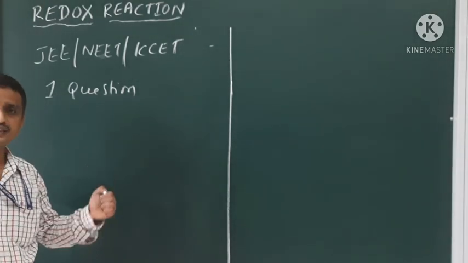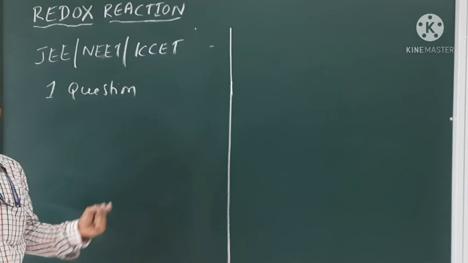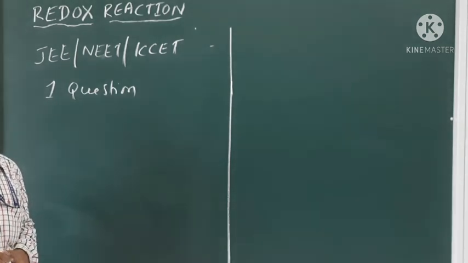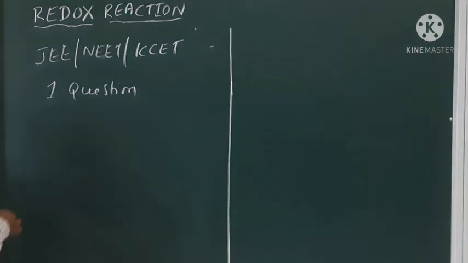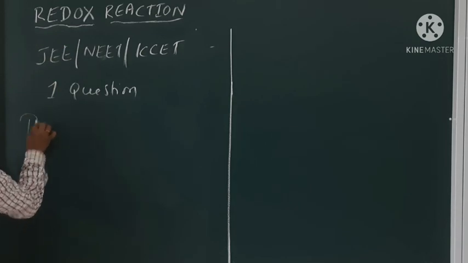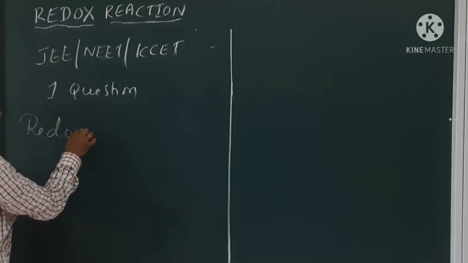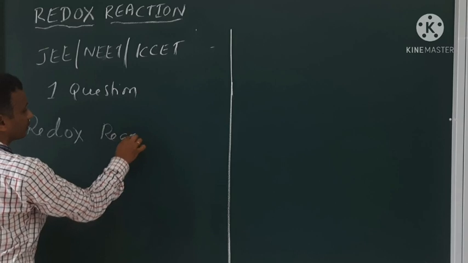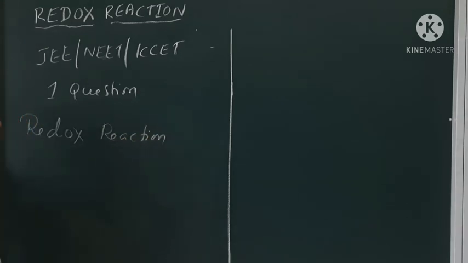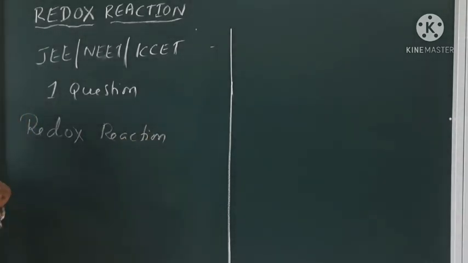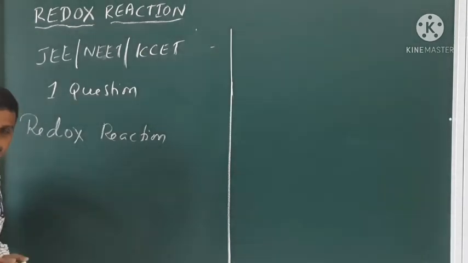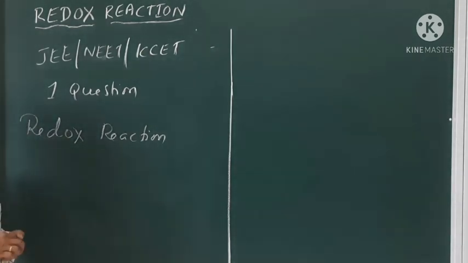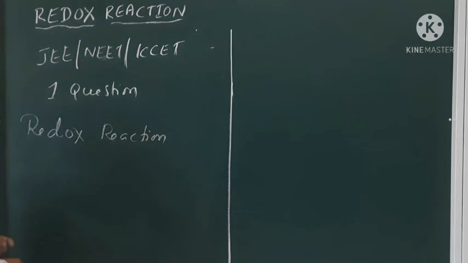Now, when it says redox reaction, what are the things you have to remember from the exam point of view? First one, as the name indicates, what is the meaning of redox reaction? So, the definition of redox reaction as well as an example for redox reaction.